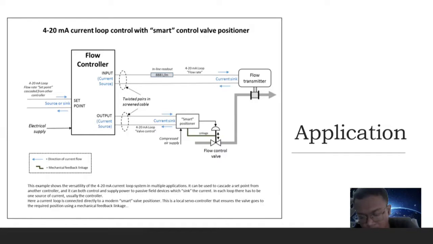Each loop receives and internally creates disturbances that detrimentally affect the process variable, and interaction from other loops in the network provides disturbances that influence the process variable.